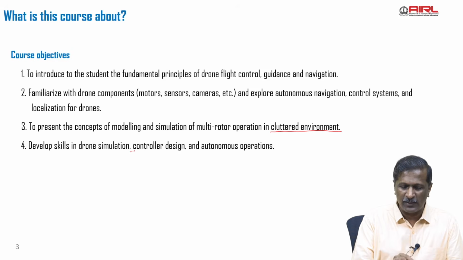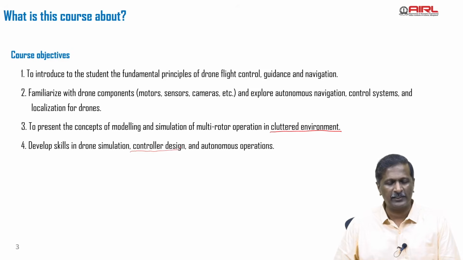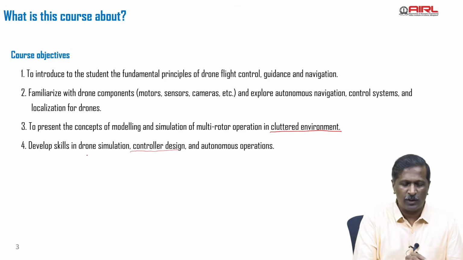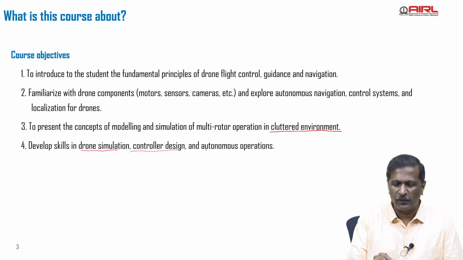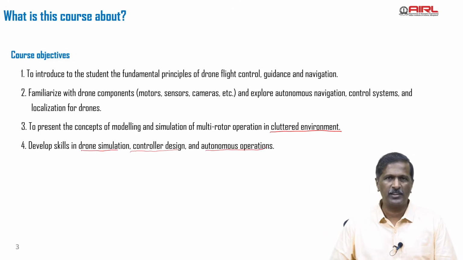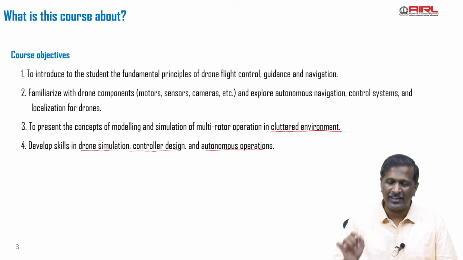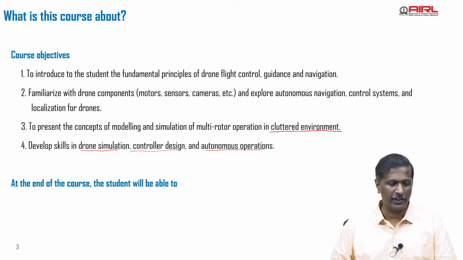Finally, the course will help students understand controller design, and also be able to simulate them in the environment, and we'll also focus on autonomous operations of these drones in a cluttered environment. That's the focus of this particular course.